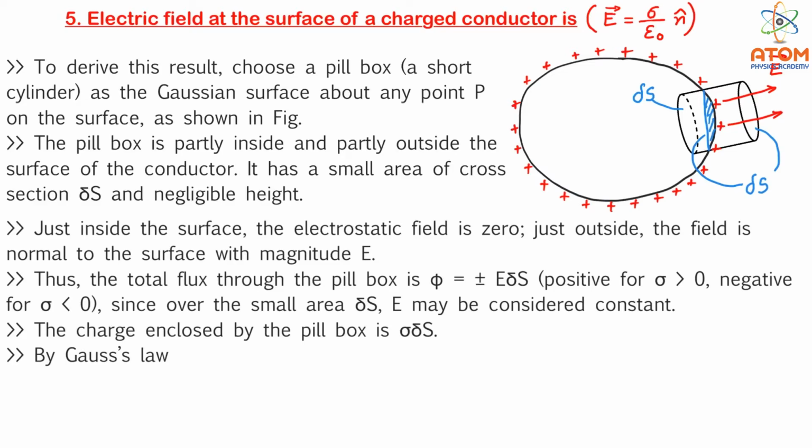But the interesting part here is that inside this pillbox, only this delta S surface is charged. The charge is only on this delta S surface, because we have already discussed that inside the conductor the charge is 0.